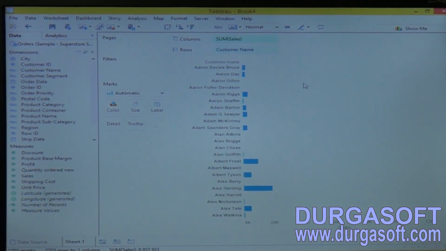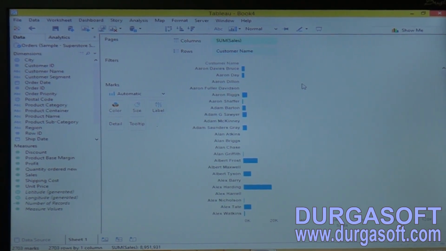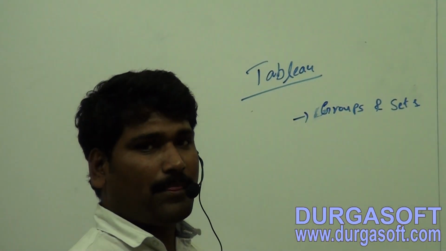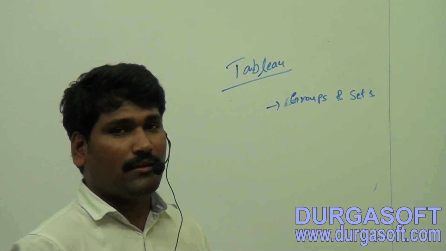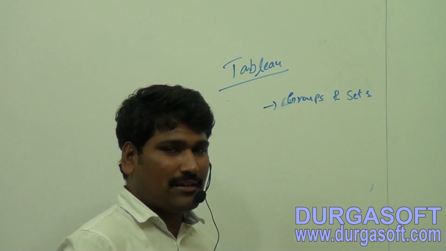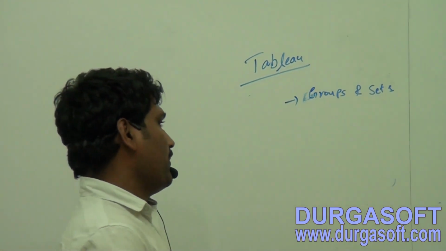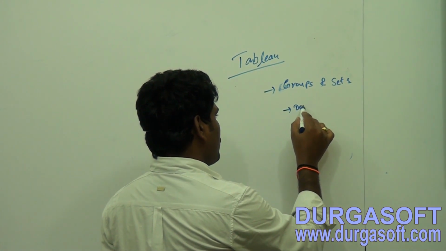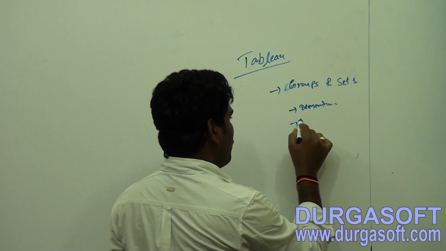When you have a lot of data across different columns, by using groups we can combine the data and analyze it. A group is a combination of dimension members. We can apply groups on dimensions and measures as well.